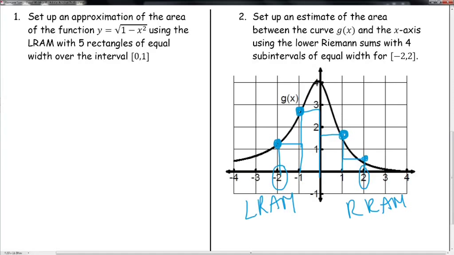We're talking about 4 subintervals, so that means I'm going to have 4 rectangles. You can see that my delta x is equal to 1. So my area is approximately 1 times the sum of each of these heights.